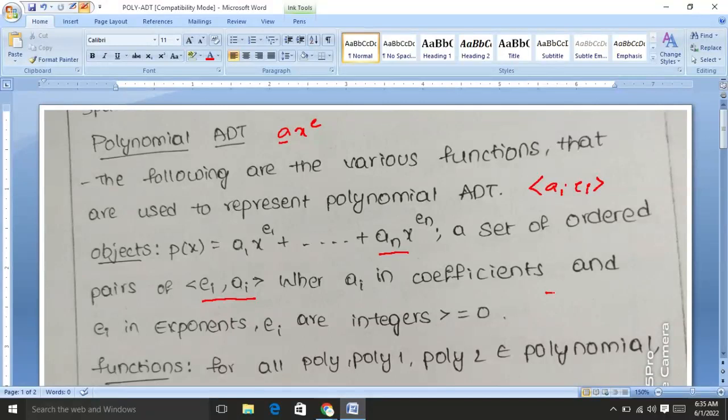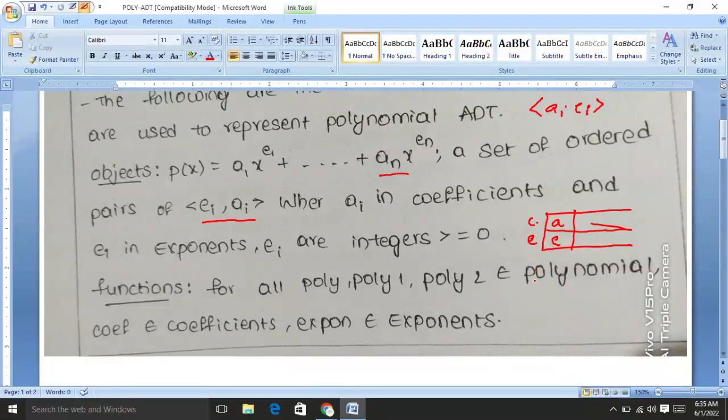In our previous video we also considered an array, where each location consists of two parts. In one part we save the coefficient, and in the other part we save the exponent e.